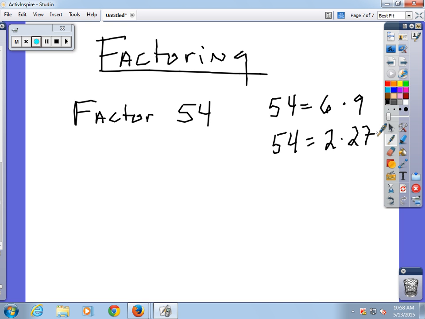And then you could also say that 54 is 1 times what? So I just factored 54. So the definition of factoring is expansion. Because what did I have here?